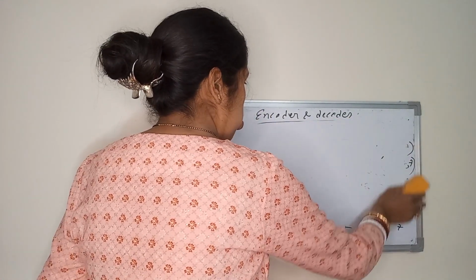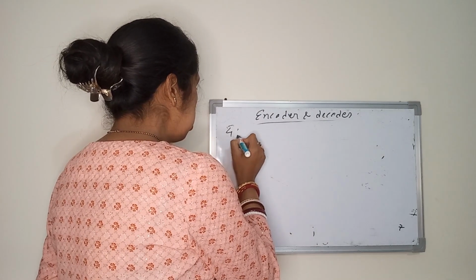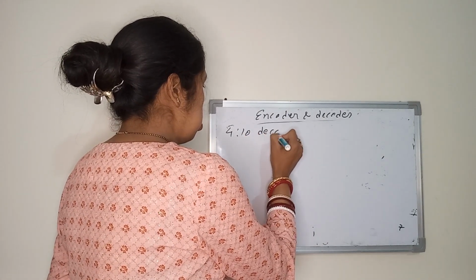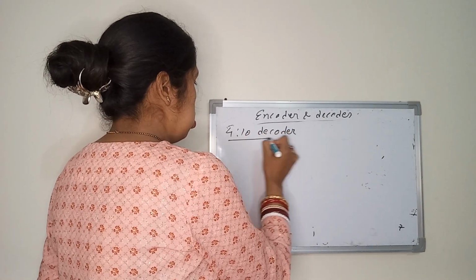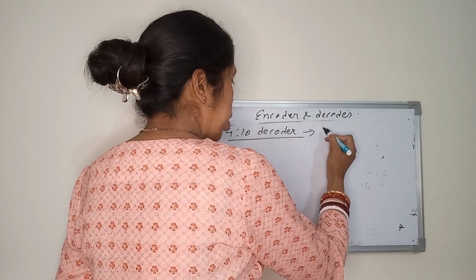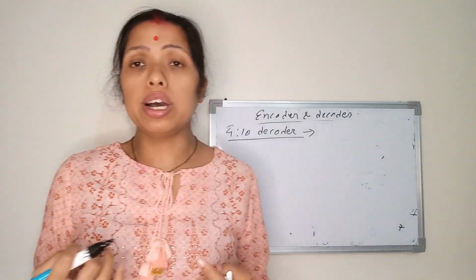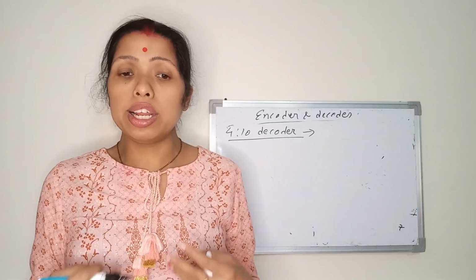Next come to the 4 to 10 decoder. It is mainly used to convert. Decoder means normally converting the binary or coded input to a readable output, right?